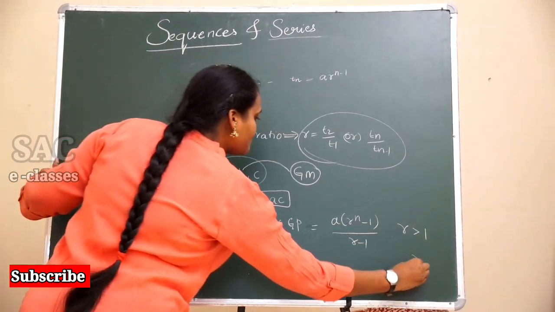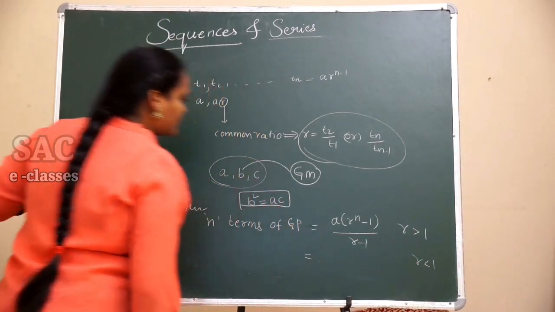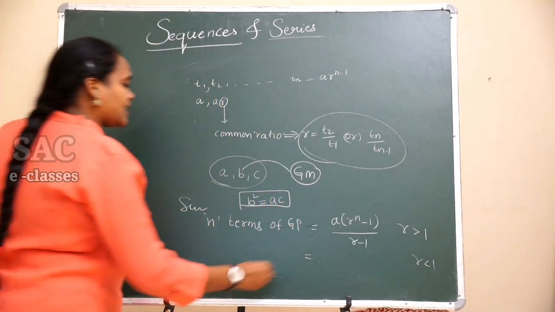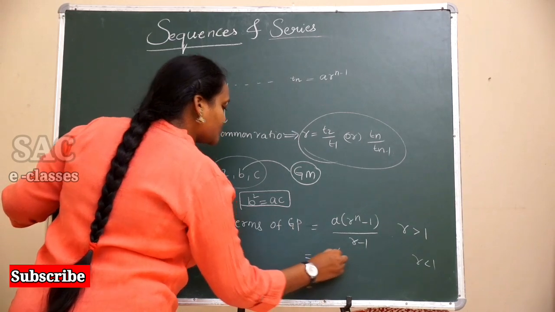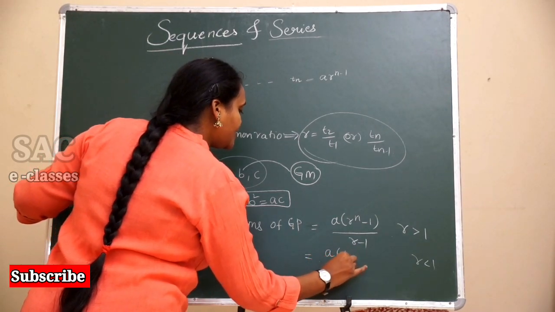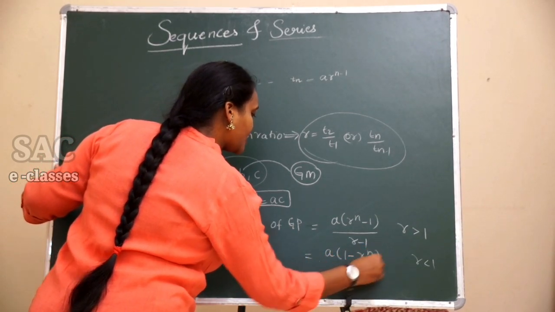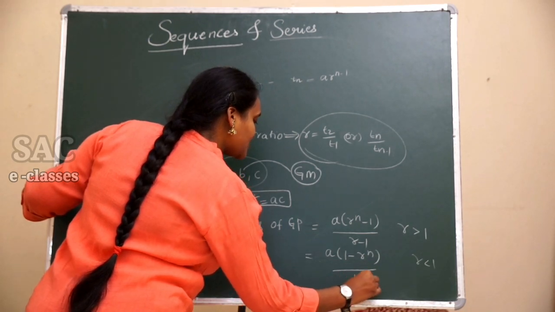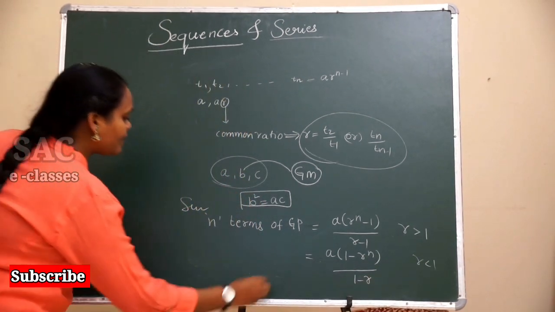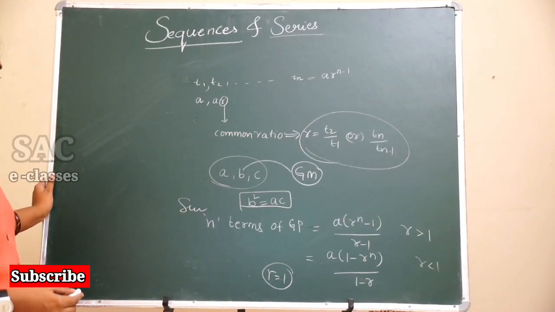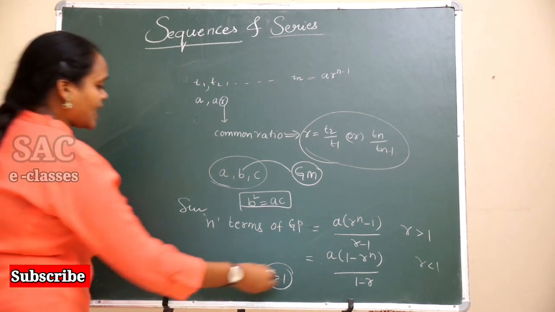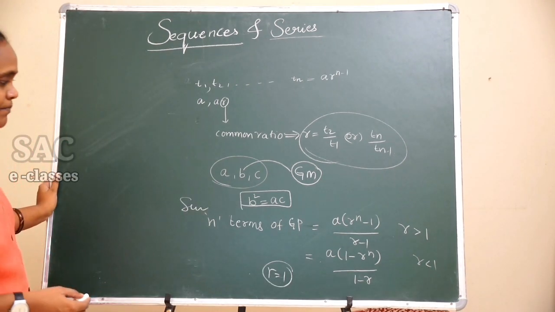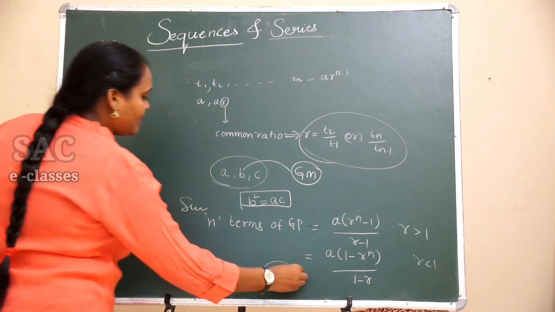Whenever r is less than 1, the sum of n terms is a into 1 minus r power n by 1 minus r. Whenever r is equal to 1, the terms will not be in a usual GP and their sum cannot be found this way.